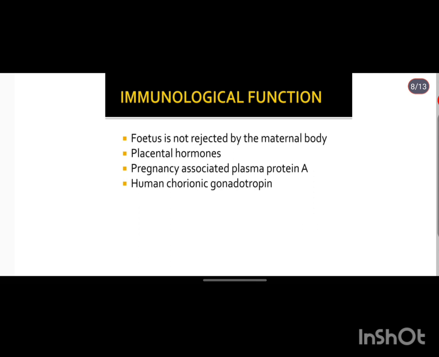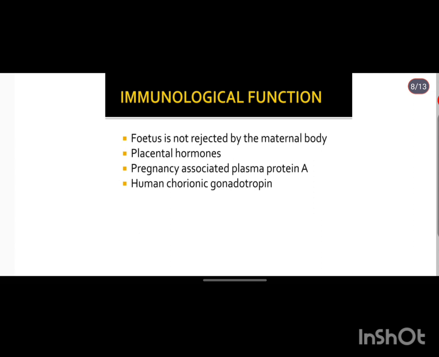Usually it gives protection against almost all the hormones produced by the mother, because the mother's body always treats the fetus as a foreign body, right? So sometimes the mother's hormone itself can damage the fetus. So the placenta always tries to protect the fetus by providing immunological functions against the maternal hormones and other infectious agents.